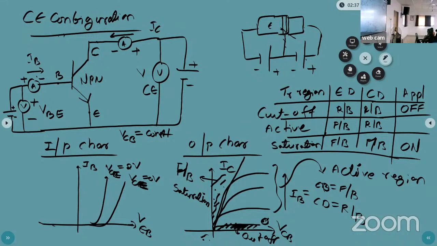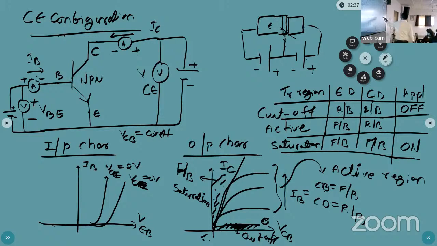If the transistor is working in the cutoff region, then the transistor is acting as an off switch. If the transistor is working in the saturation region, the transistor is acting as an on switch. So based on the cutoff and saturation regions, the transistor can be used as an on-off switch. One application is the on-off switch.